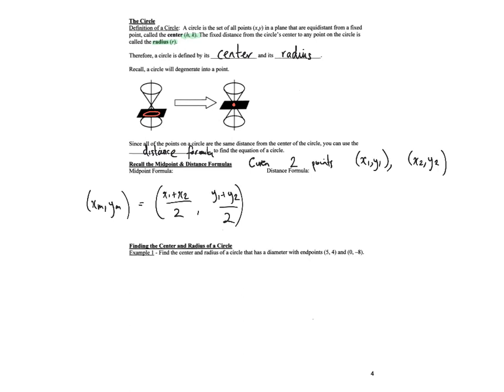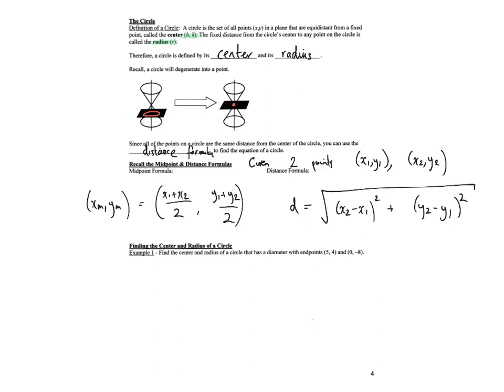That gives us the coordinates of the midpoint. To figure out the distance d between the 2 points, remember that is the positive square root of the sum of the squares of the differences. So x2 minus x1 squared plus y2 minus y1 squared.